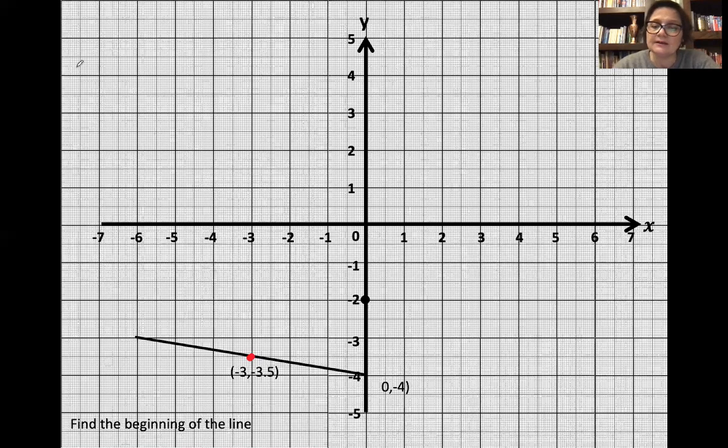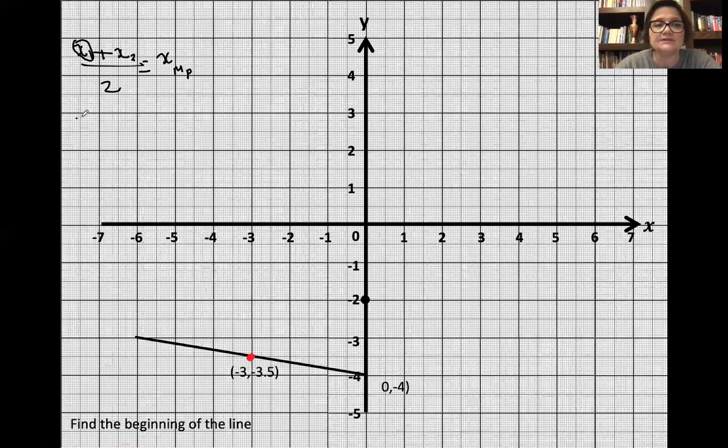Again, we need the x, so we start with the formula: x1 plus x2 divided by 2 equals x of the midpoint. This is the formula that you have to remember. So we need to make x1 the subject of the formula, so it's going to be this one here, right?